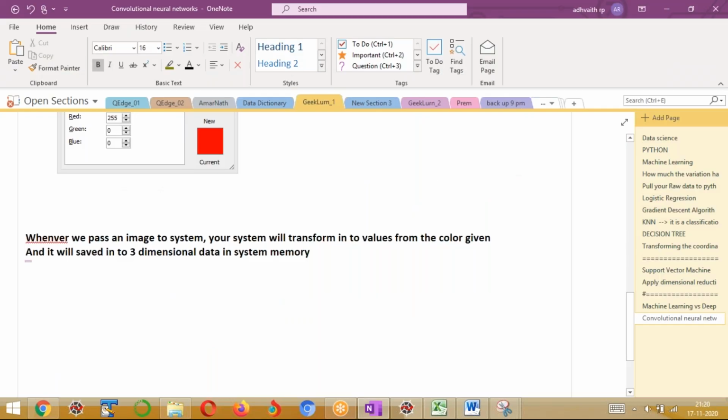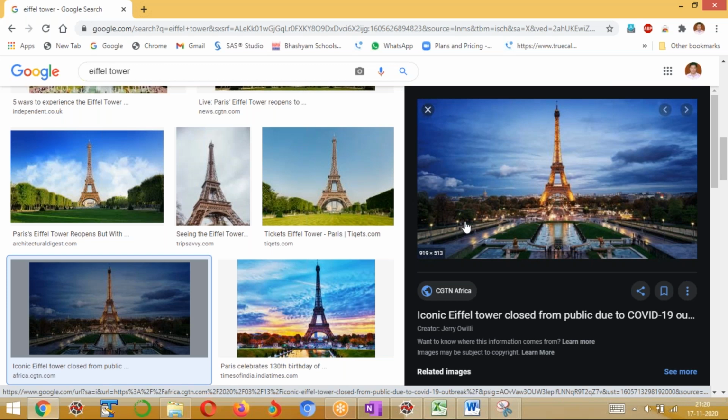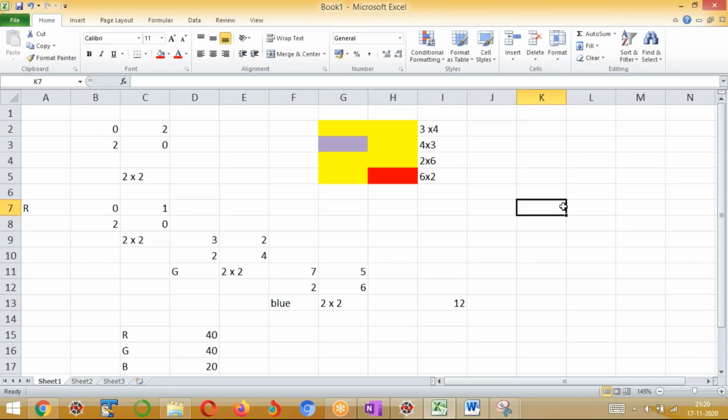Like that, on your Google page, this blue color image contains 919 into 513. That means what? How much is it? 4,71,447 pixels.